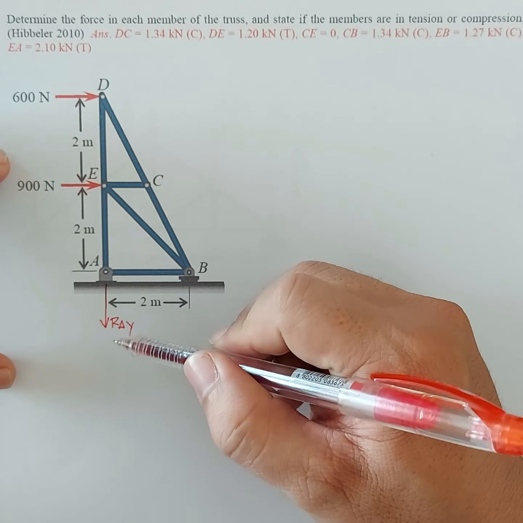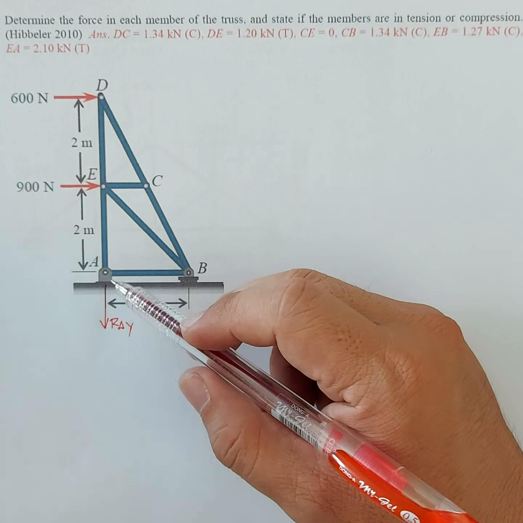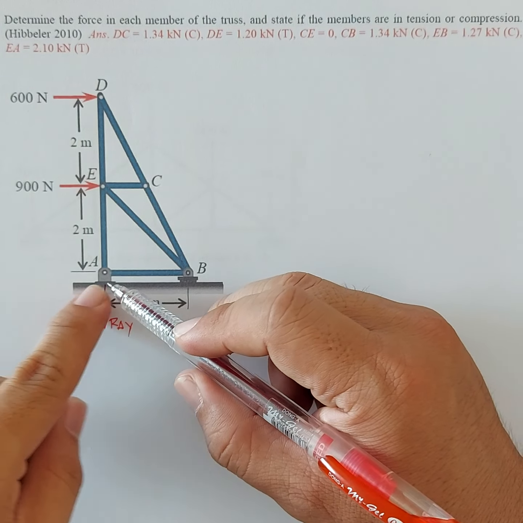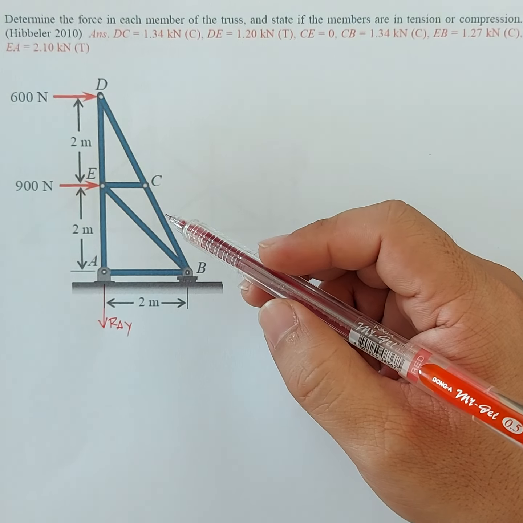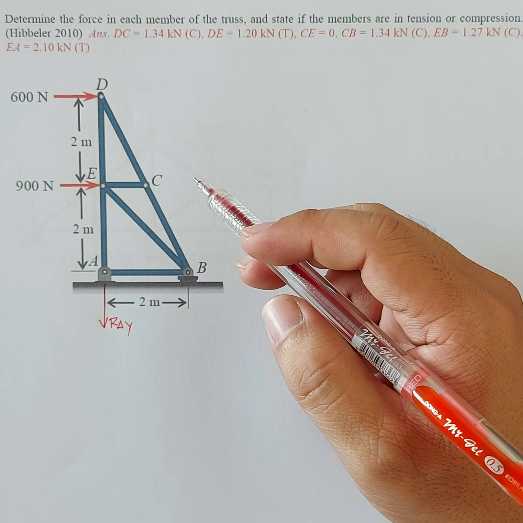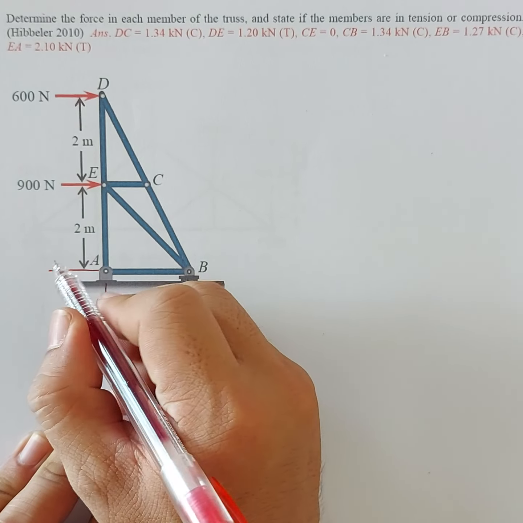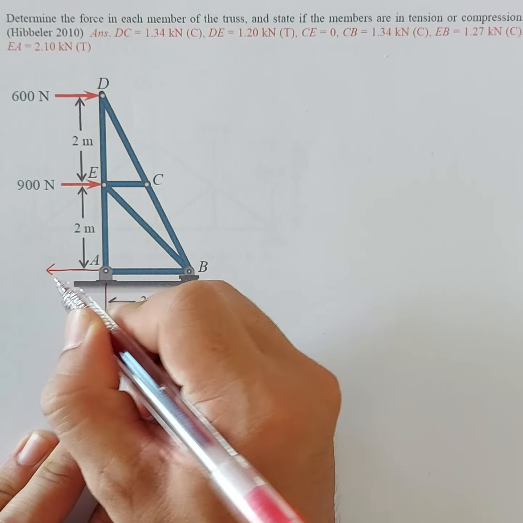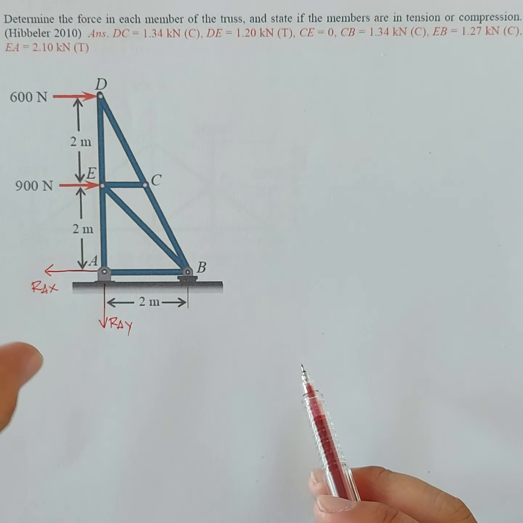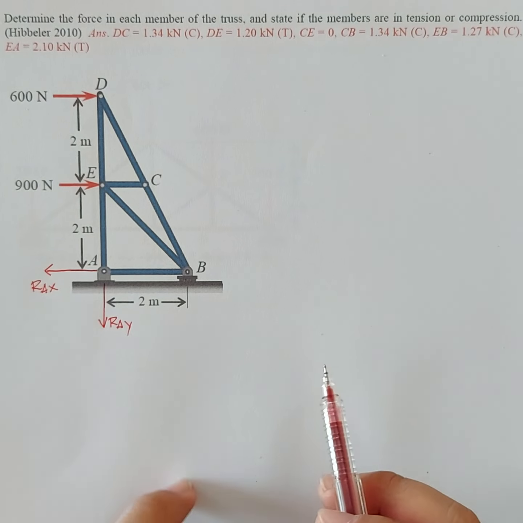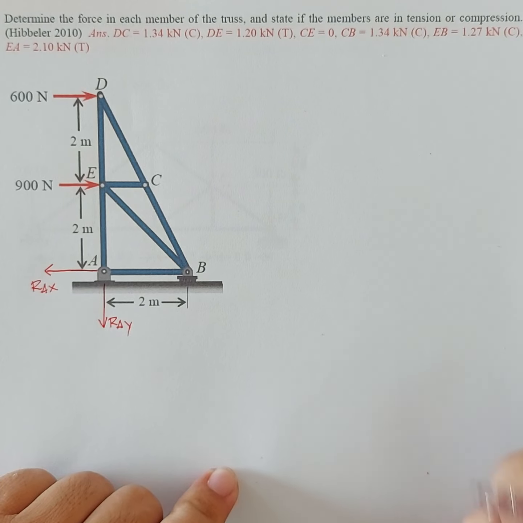So let's see later if our analysis is correct. And there is also a horizontal reaction here at joint A. The direction of the applied forces is to the right, which means from Newton's third law that the horizontal reaction at pin A is to the left, for the truss to be in equilibrium. And we'll see later on if our assumption of direction is correct.